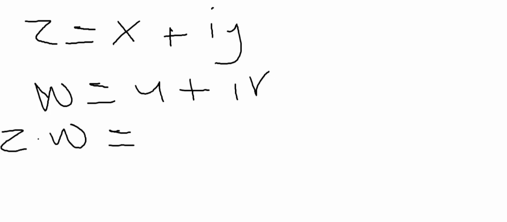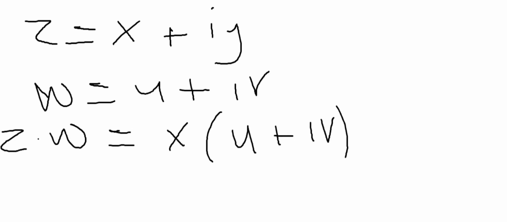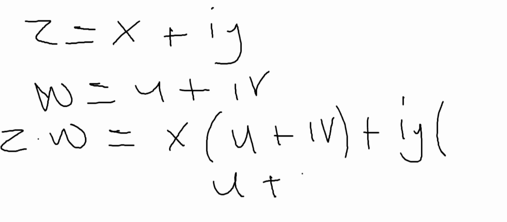The x here will multiply everything in w, then you add, then the imaginary part of z will also multiply everything in w. So this is one thing that you should know.